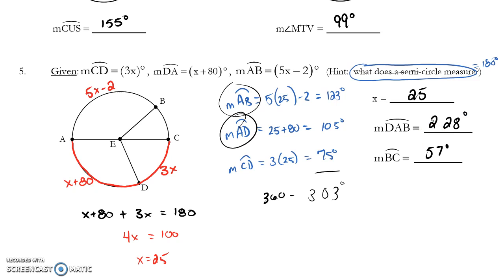To find arc BC, I added all 3 of these arcs together for 303 degrees. That takes me from B all the way around to C in the opposite direction, leaves me with just this. Well, the 303 plus whatever BC is 360. That's the whole circle. So I subtract from 360, I get 57 degrees.